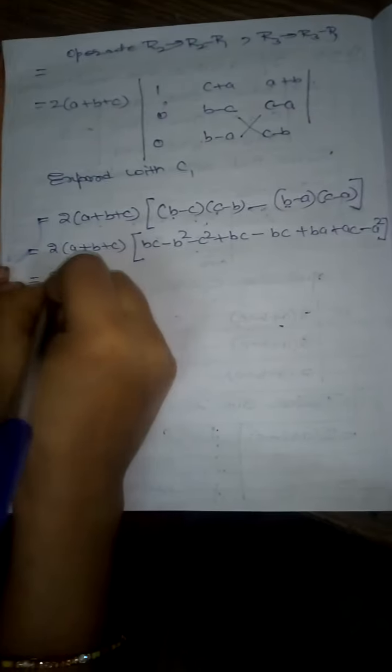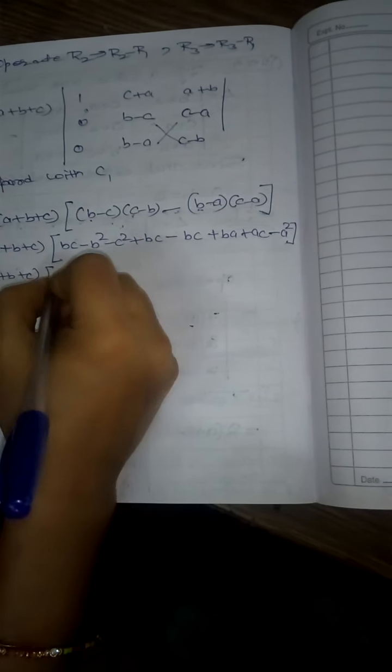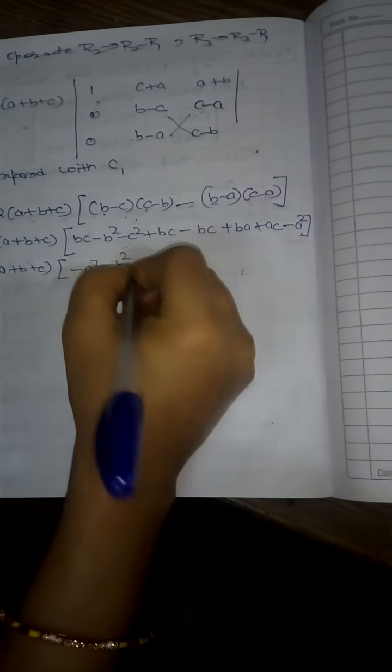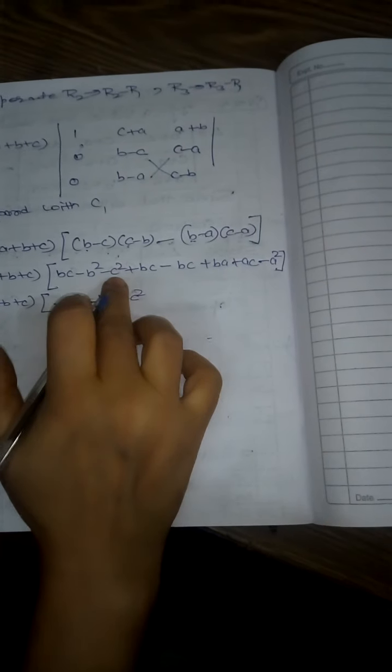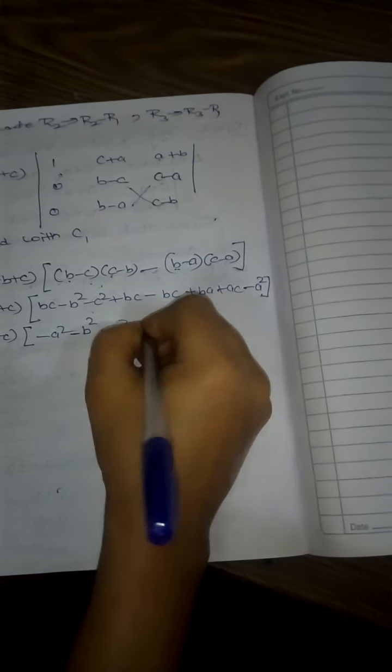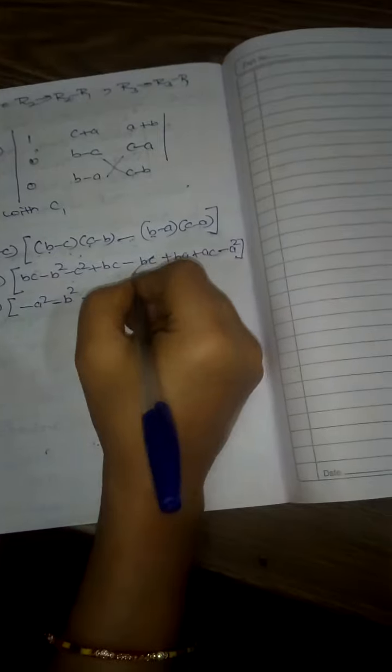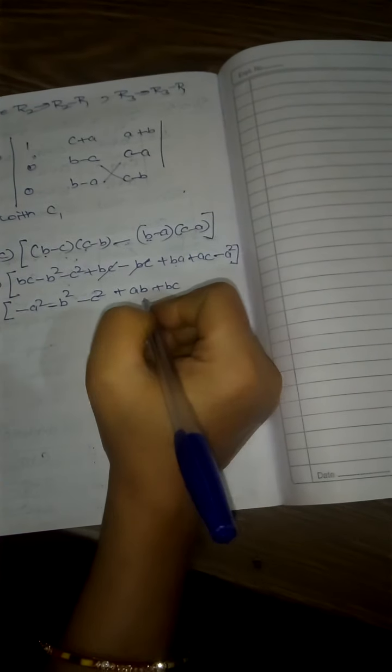Now we will arrange the terms, twice of A plus B plus C. Minus A square, from this term minus B square minus C square, is minus A square minus B square minus C square plus AB, this one AB plus BC, because one BC is here and one BC cancels, so AB plus BC plus CA.